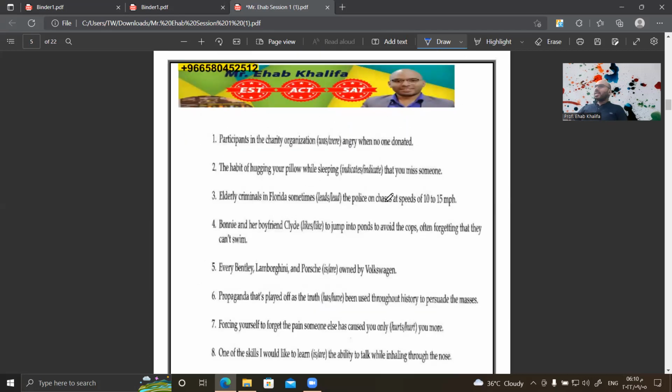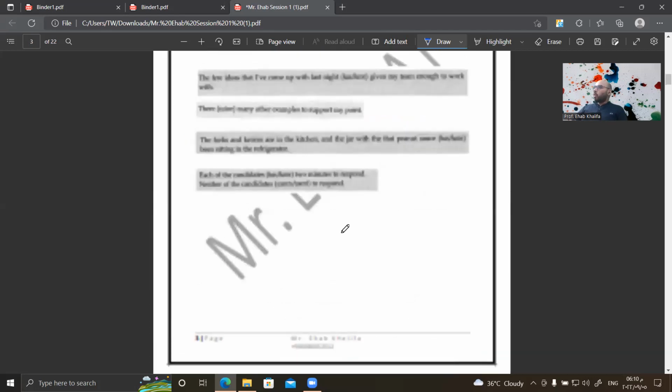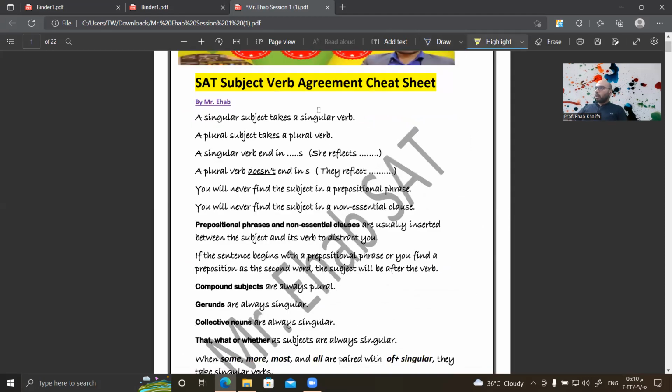So as a general rule, we say singular subject takes singular verb. You know that, of course, all of you. Plural subject takes plural verb. That is easy, self-explanatory. The singular verb ends in S, so reflects is a singular verb.